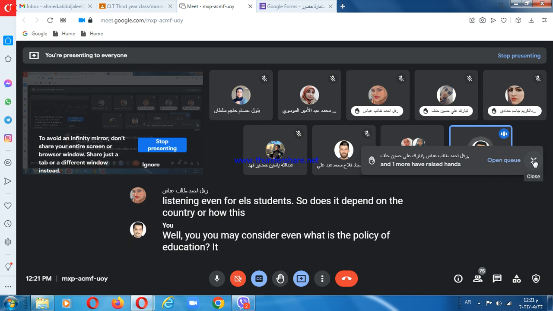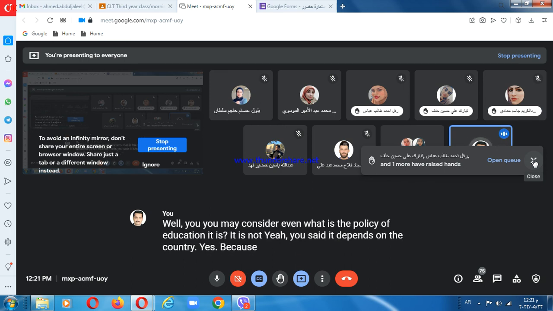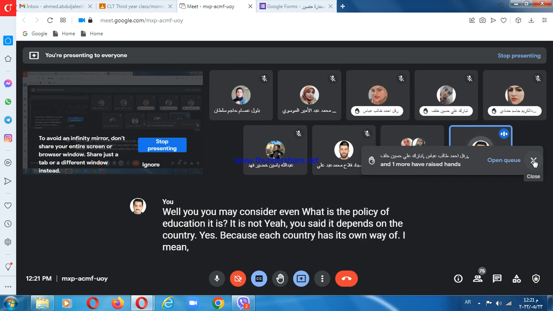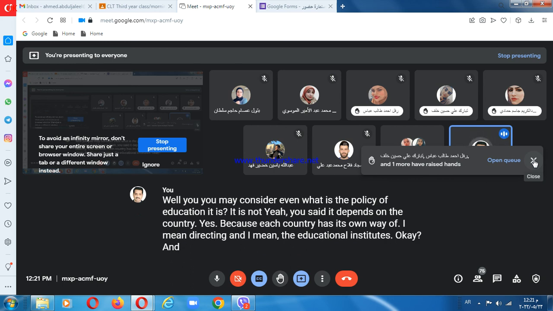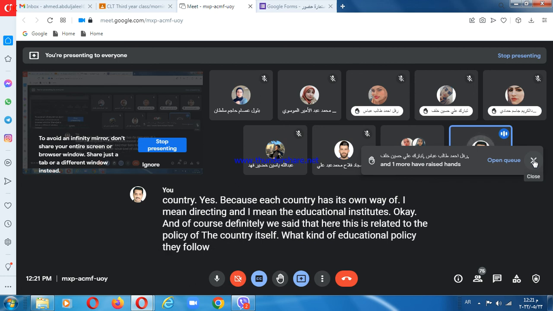Yes, it depends on the country, because each country has its own way of directing the educational institutes. Of course, definitely. This is related to the policy of the country itself, what kind of educational policy they follow, and what the philosophy of education is in that country.